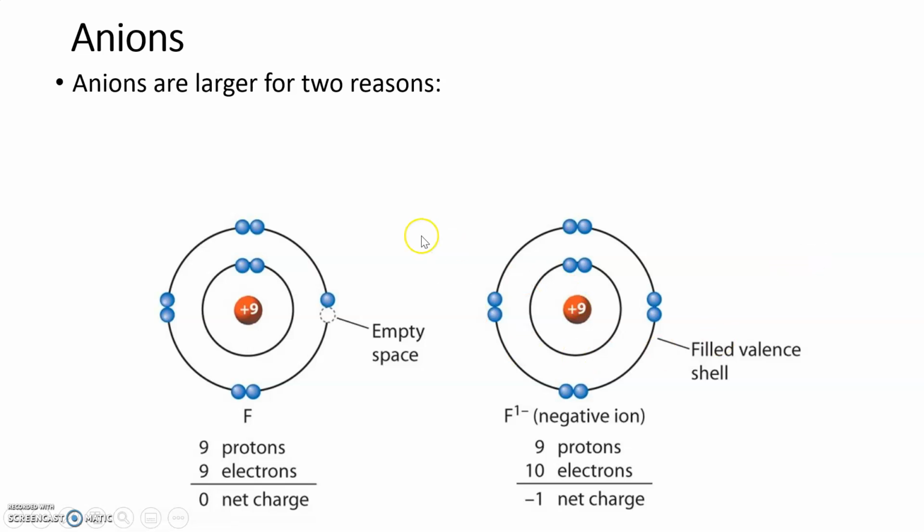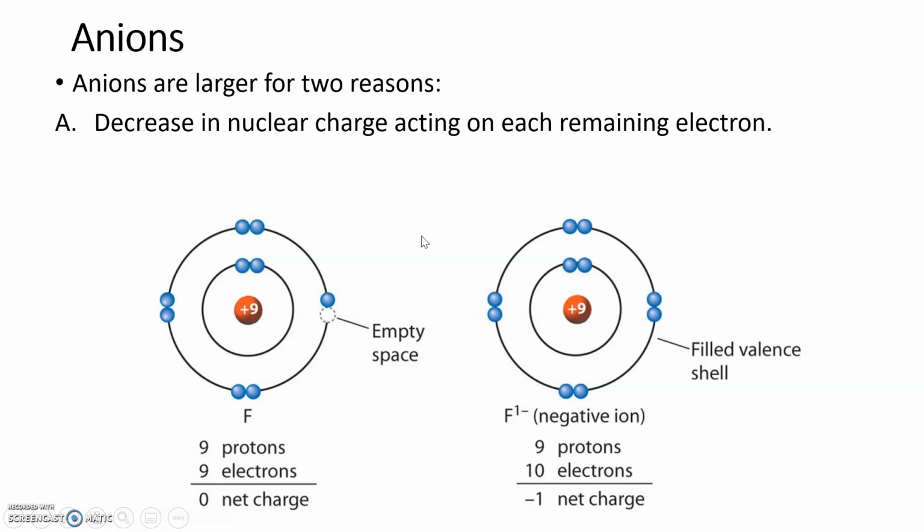Anions get larger, and this is also for 2 reasons. First of all, pretty much the opposite of what we just talked about. The nuclear charge on every electron is actually now less than what it was. Still 9 protons, fluorine, the atom, fluoride, the ion. The protons don't change, but the number of electrons do.